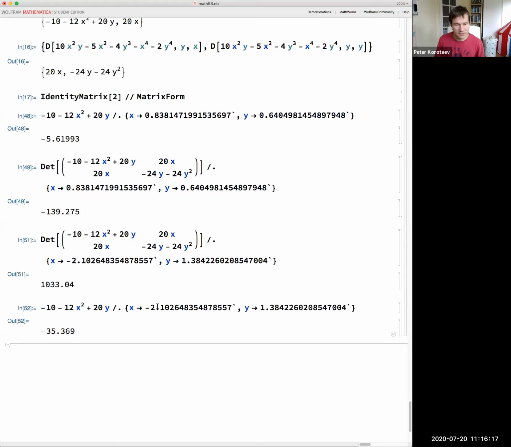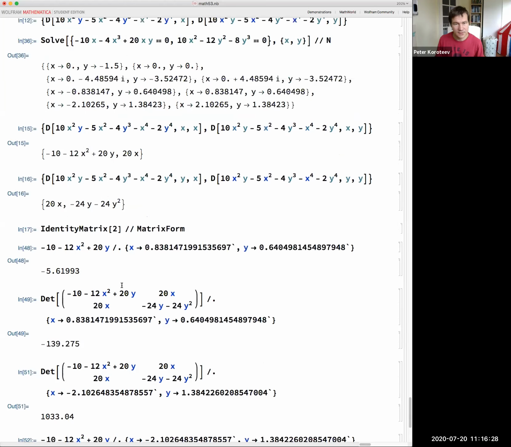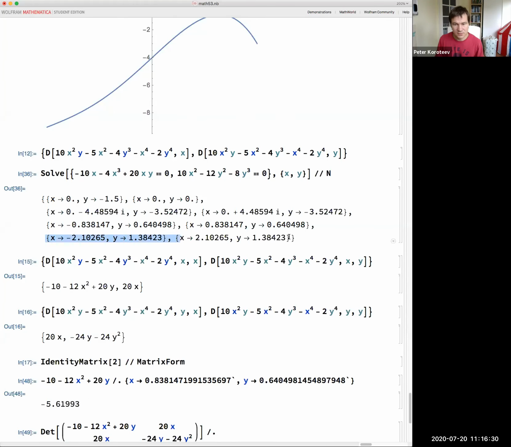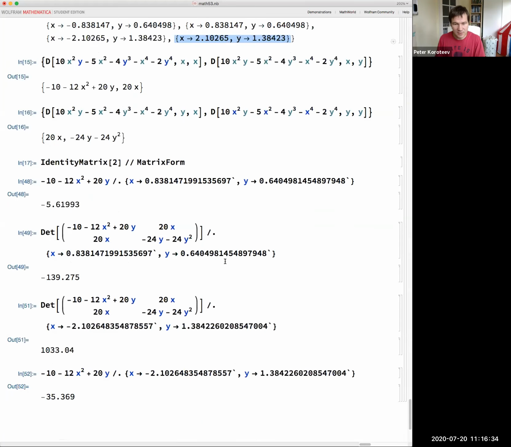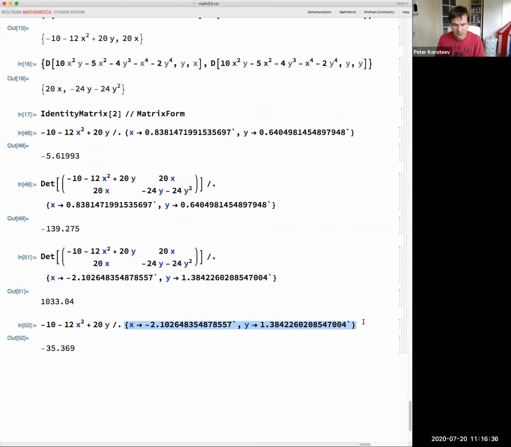So the other point is the maximum. These two will be maxima, and of course, because it's symmetric, the same should happen for the other one. So it's negative here, and then it's positive here.